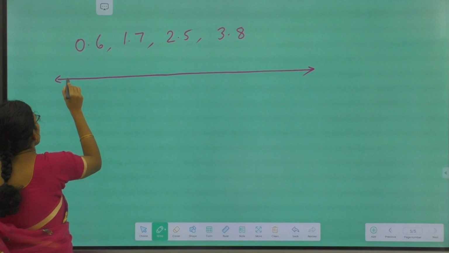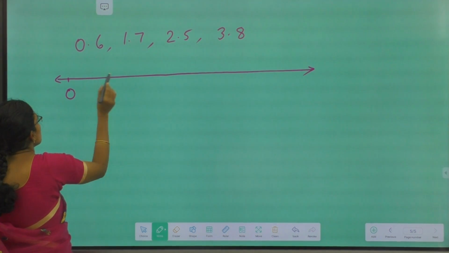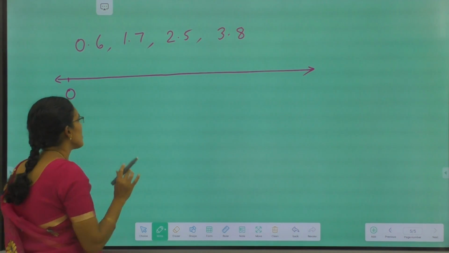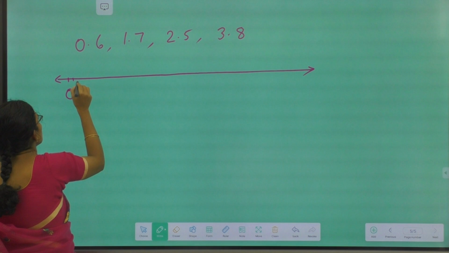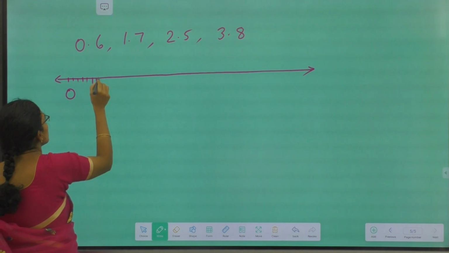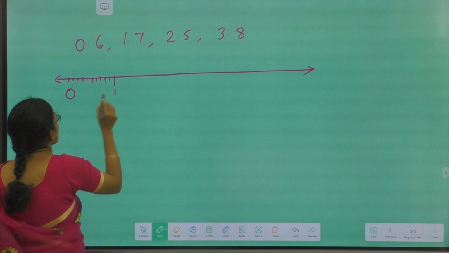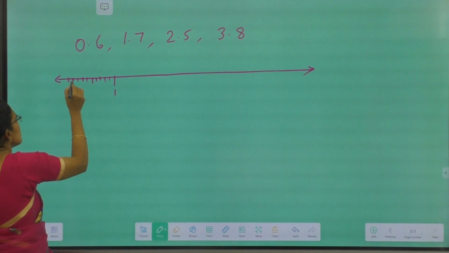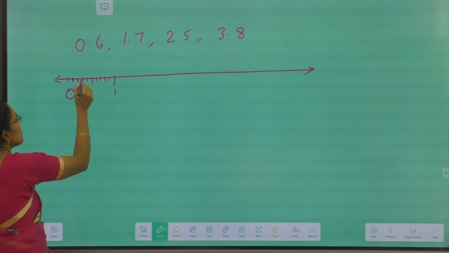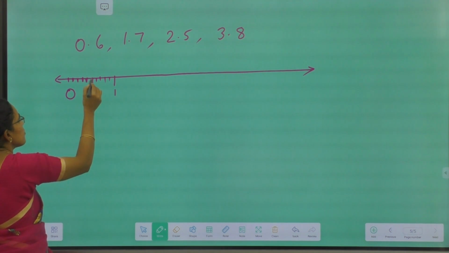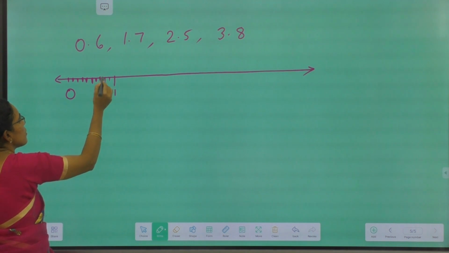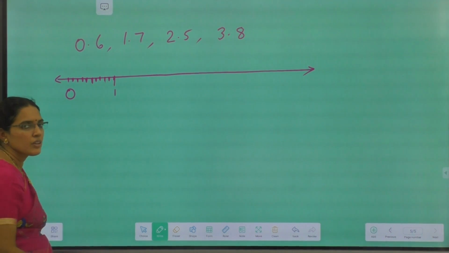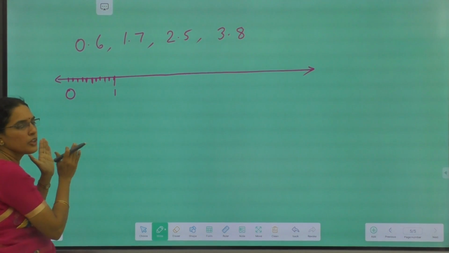After that, marking 0, and in between 0 and 1 I am dividing it into 10 equal parts. Each one is 1 out of 10, that is 1 by 10, 2 by 10, 3 by 10, up to 10 by 10, that is 1. One whole is divided into 10 equal parts.